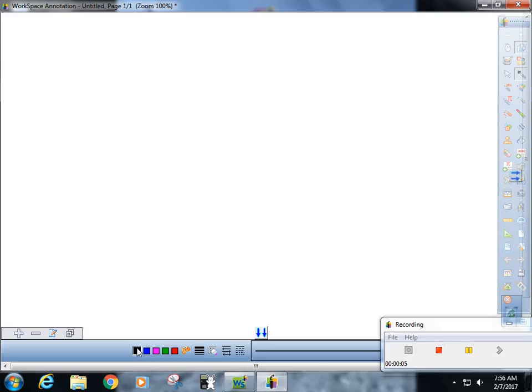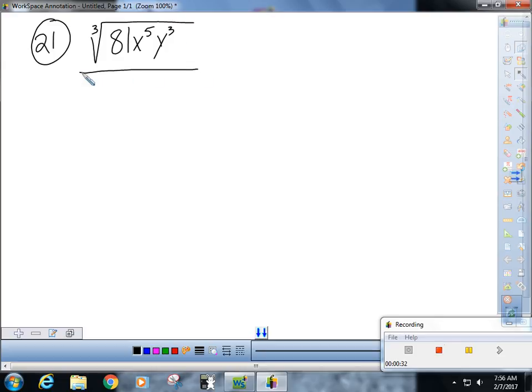Number 21 says, the cube root of 81x to the 5th y cubed over the cube root of 3x squared, okay?